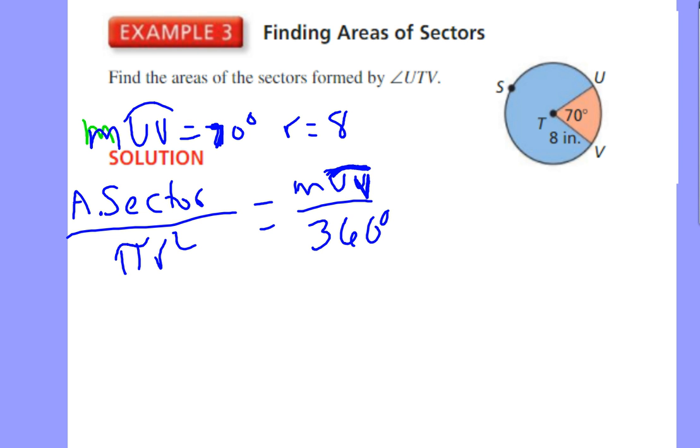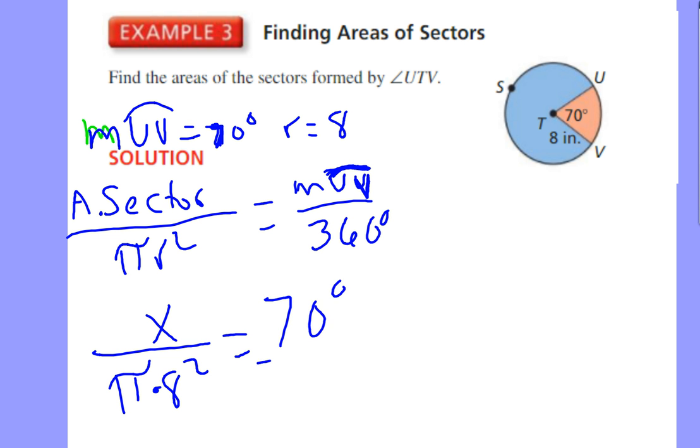So in this case, the area of the sector, we're going to just call it x for now to make our lives a little bit easier. Pi r squared, so pi times 8 squared, equals the measure of the arc, which we said was 70 degrees, over 360 degrees.